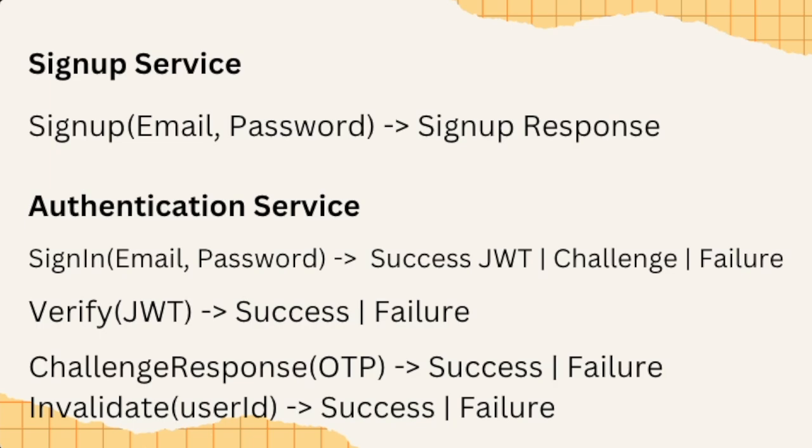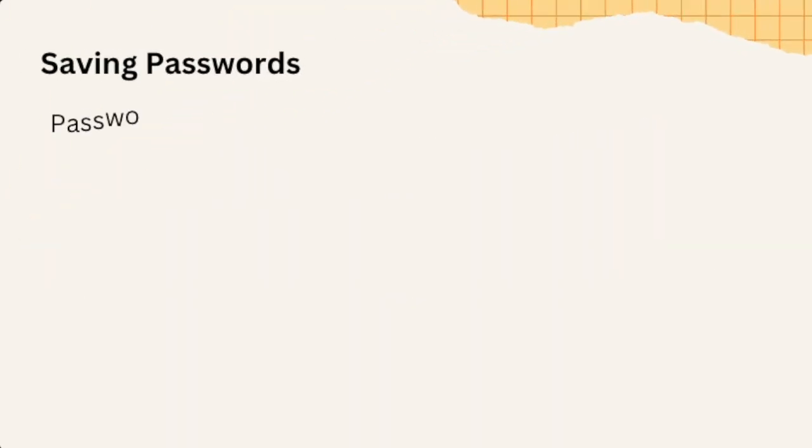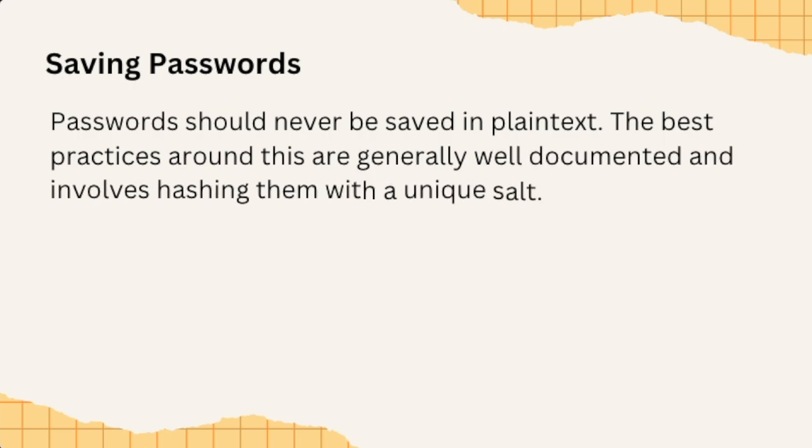So once we have done all these steps, the next step is describing some of the internal details. Remember, storing passwords is an important point. You might think it's obvious if you are experienced, but passwords should never be saved in plain text. The best practice is typically bcrypt with salt. It's a unique string per user.